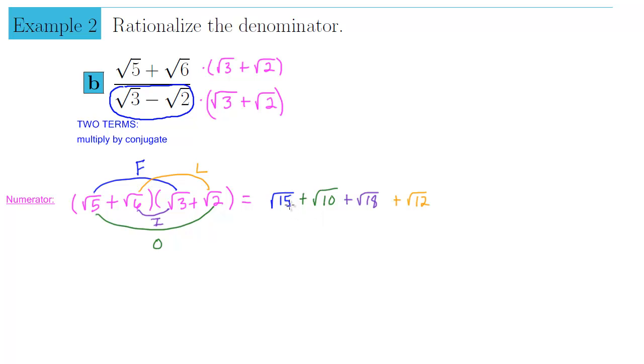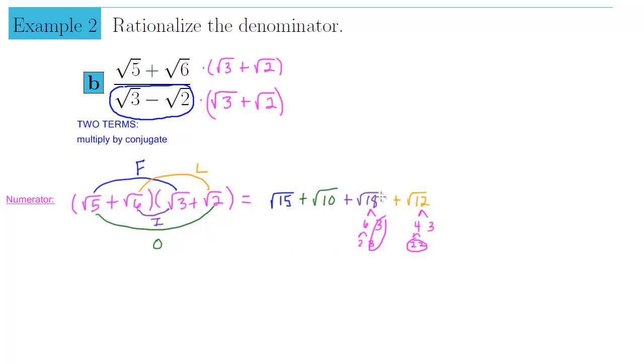Root 15 doesn't, because that's just 5 times 3, and root 10 doesn't, because that's just 5 times 2. But root 18 will simplify, right, because that's 6 times 3, and then this is 2 times 3. So you have a pair of factors there. Same thing with root 12. This is 4 times 3, 2 times 2, so you have a pair of factors.